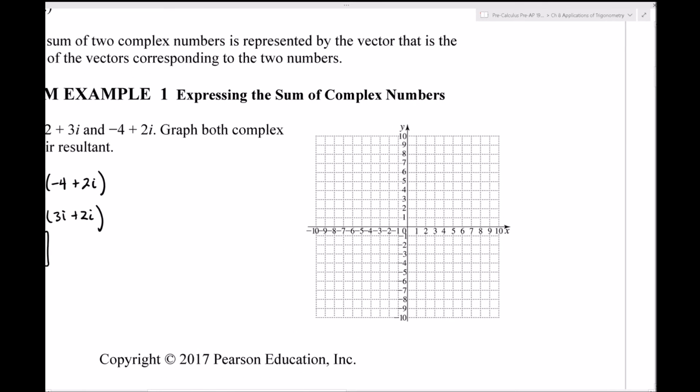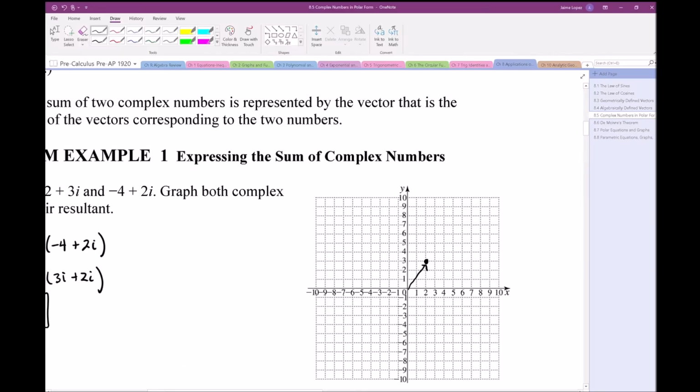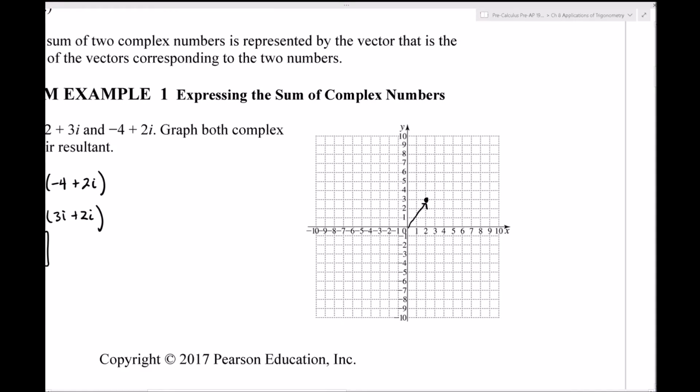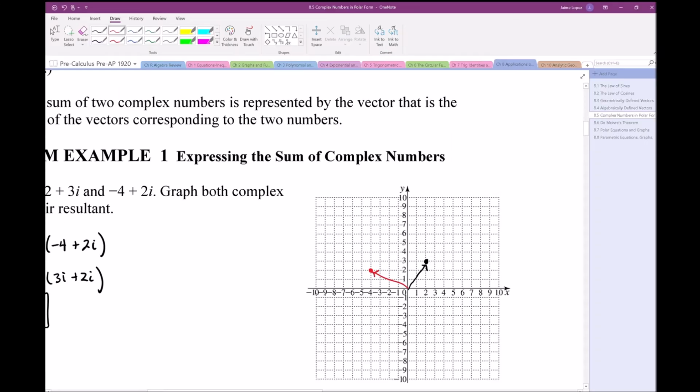So let me graph both of those. 2 plus 3i is graphed here. That's this vector. The other vector is negative 4 plus 2i. So negative 4 plus 2i is over here, and that's this vector. We're trying to add those two. Now if you remember, adding vectors is supposed to satisfy the parallelogram rule.